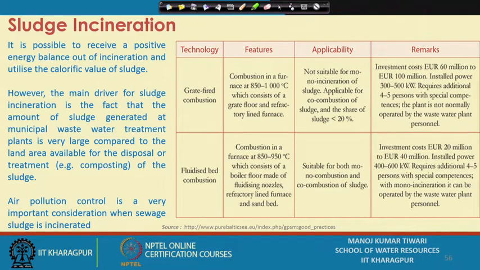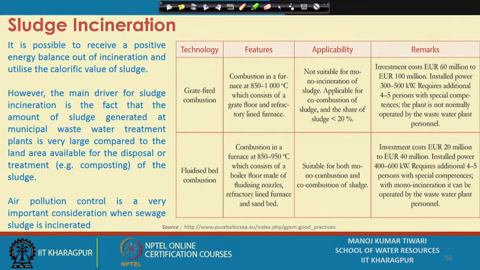But it depends on the scale. If it is on an appropriate scale, we can utilize the calorific value of this sludge by incinerating it, and then the heat energy we produce, we can convert to electrical energy and operate the plant or system within the space of the wastewater treatment facilities. So, that way it could be helpful, that is one aspect.